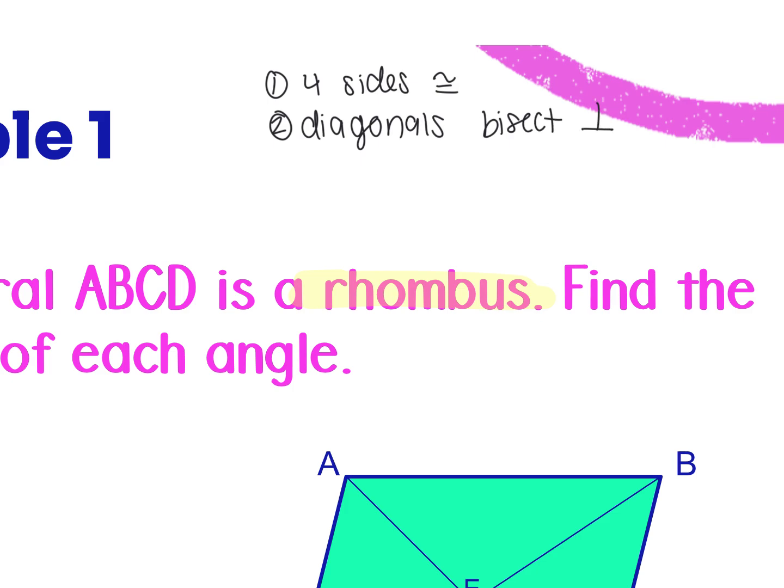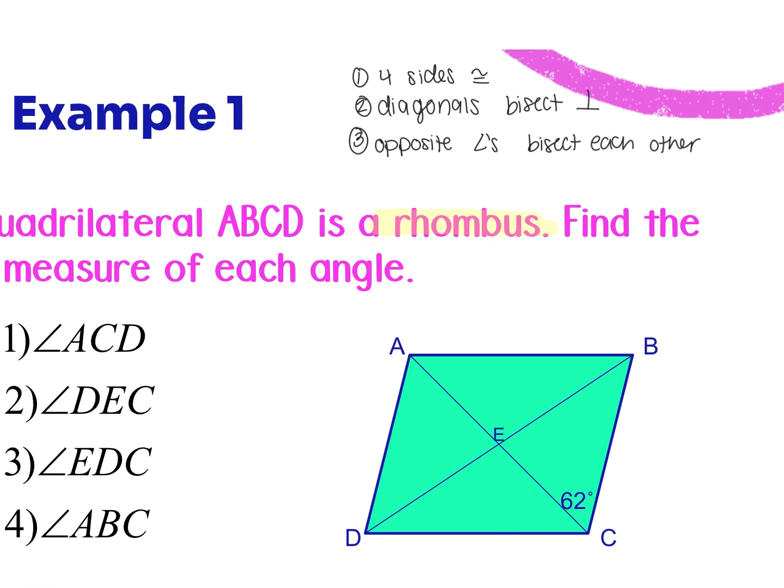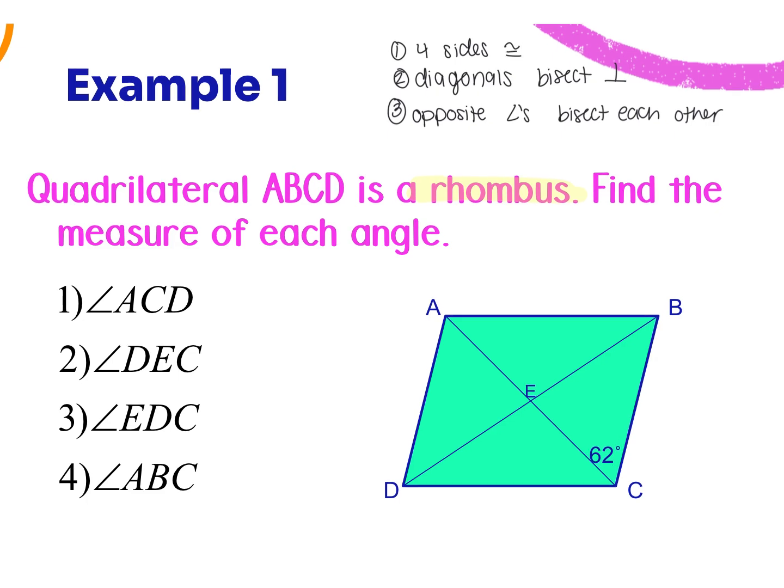They're perpendicular. That's my sign for perpendicular. And then the next one, your opposite angles bisect each other. Okay, so now that I wrote that, hopefully we can use those, and we are going to use those.